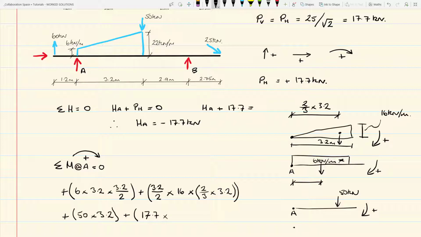So we have A, we have a point load acting out here, its lever arm is this distance here, so that is 17.7 kilonewtons. Again, it is acting in a positive direction, and the lever arm is 8.85 meters.